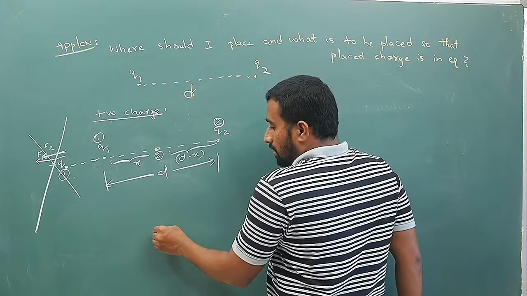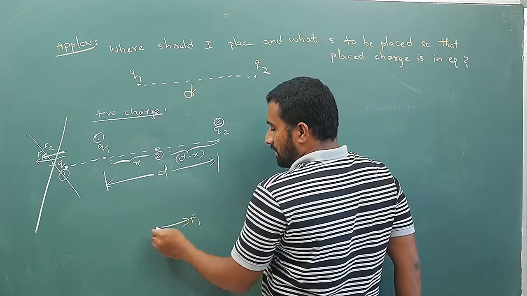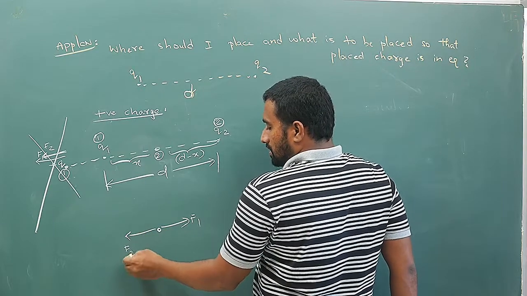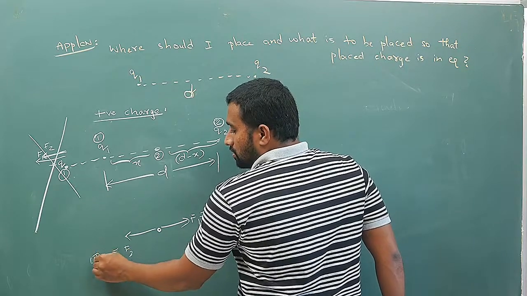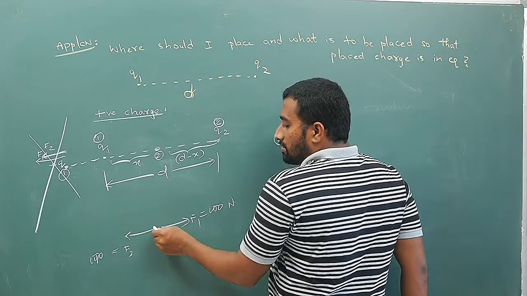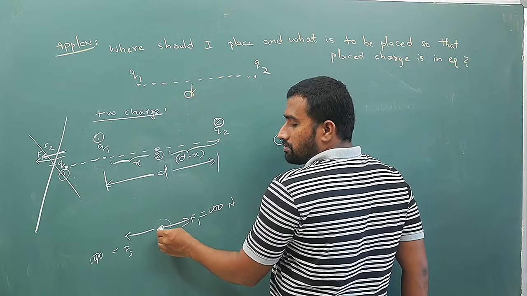Getting my point? If you have a force F1 like this and another force F2 like this, they should be equal and opposite. If it is 100, this also is supposed to be 100. Only then will the net force on this body be 0.